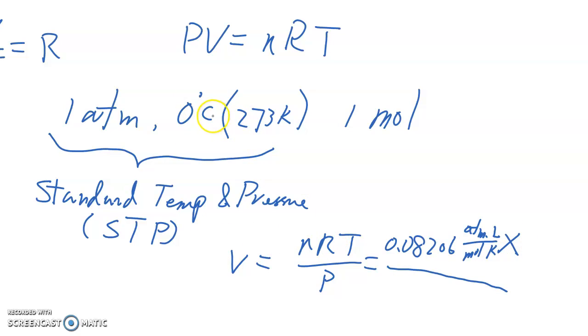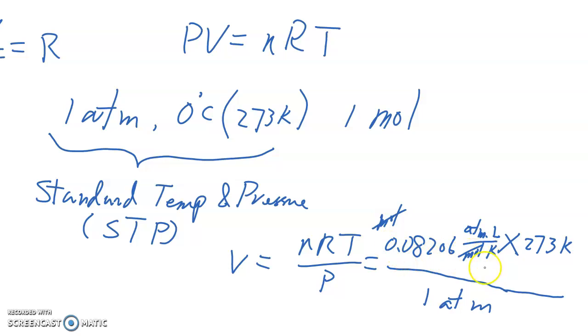It is 0 degrees Celsius, but we don't multiply by 0, because the gas constant is in the unit of Kelvin. We have to use the same unit, 273 K, divided by, at this condition, 1 atmosphere. 1 mole here, I'm omitting the unit, just moles.